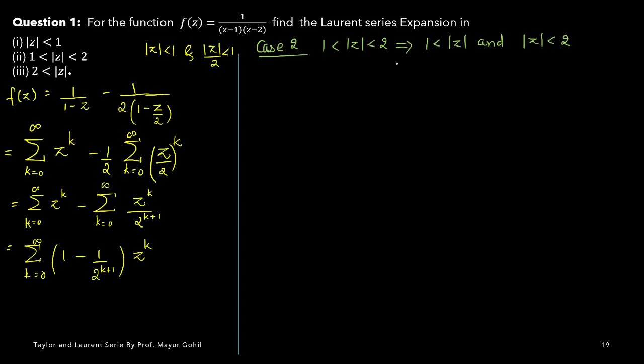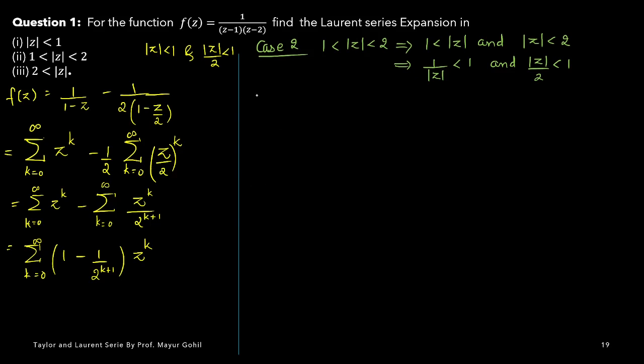So from here you have 1 upon mod z is less than 1 and mod of z by 2 is less than 1. These are the two meanings. Now remember, to convert, everything should become less than 1.